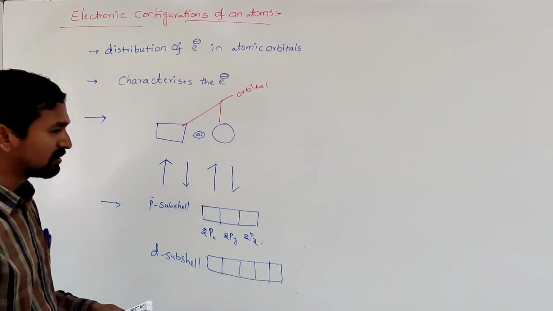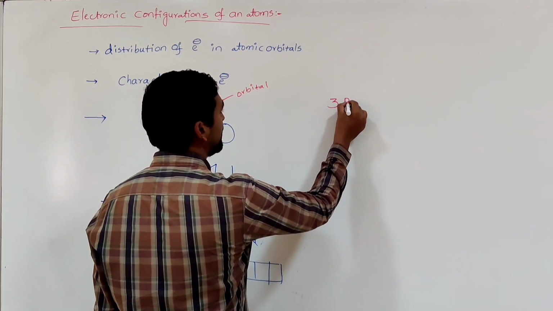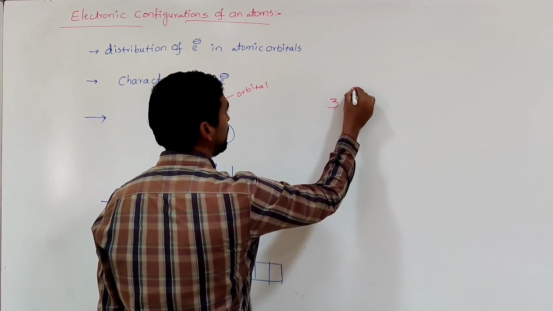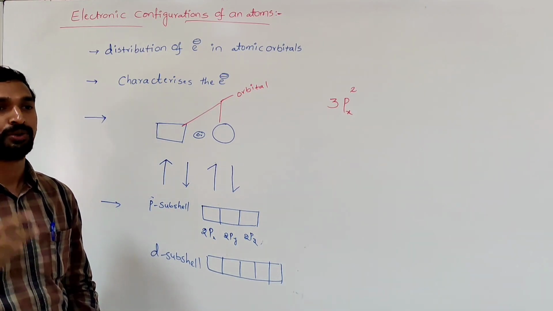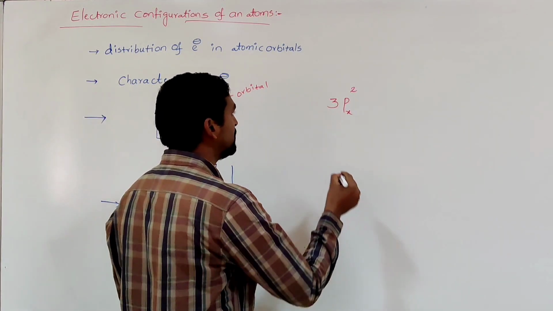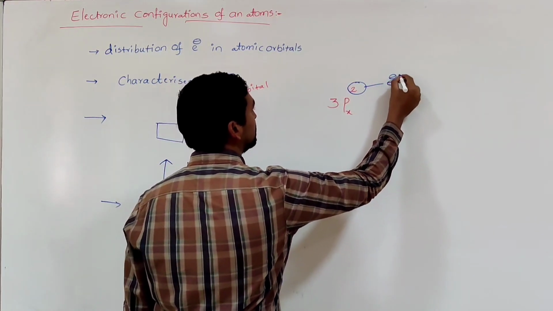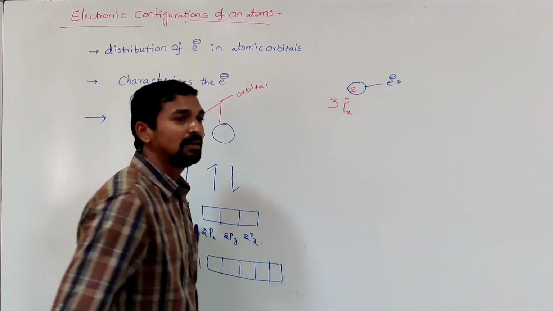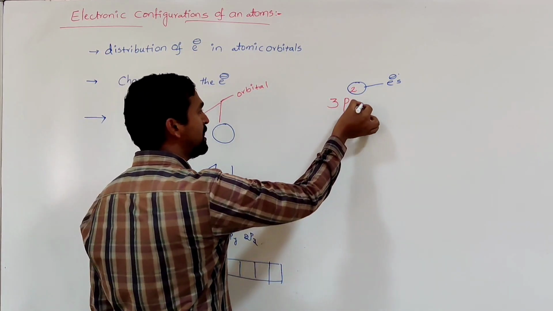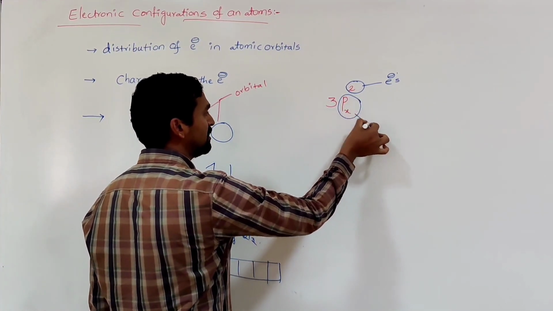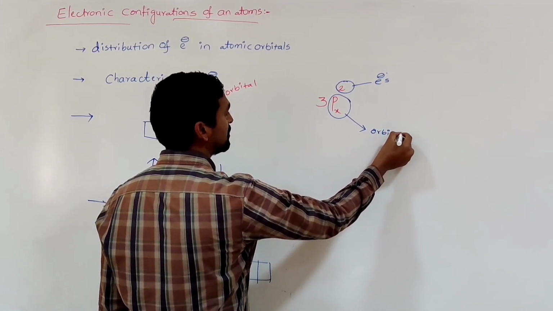While writing the electronic configuration, for example, you write 3px2, or 3p2, or 2s2, 2s1. So what does this mean? The 2 represents the electrons: how many electrons are present in that px orbital? 2. The px represents the orbital in which the electron is present.